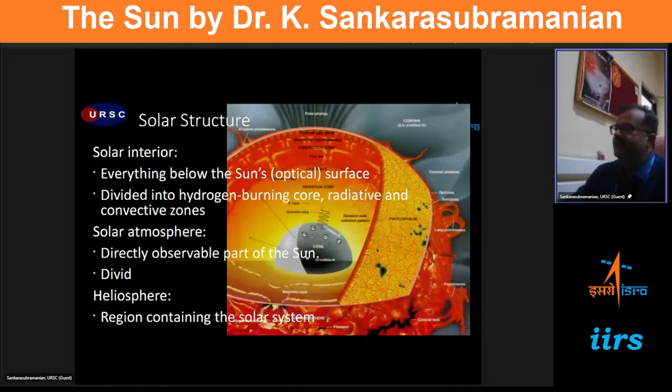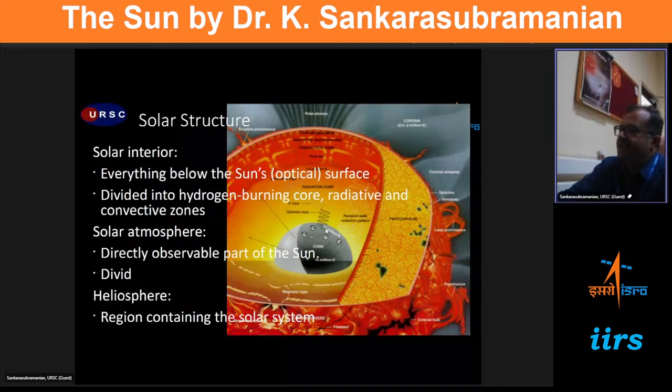This picture depicts it. What you see here is the core, in the interior of the sun, where the actual energy generation happens. We'll talk a bit more about what kind of energy generation is happening.